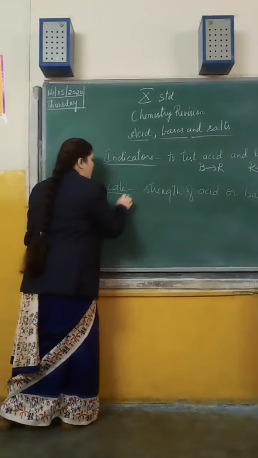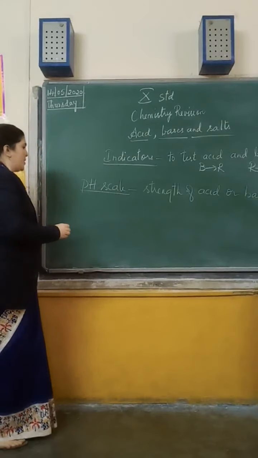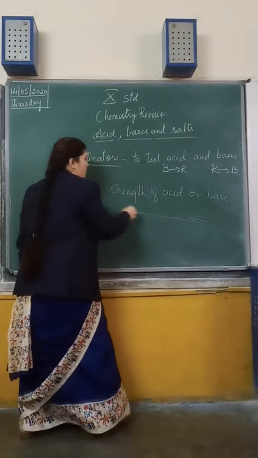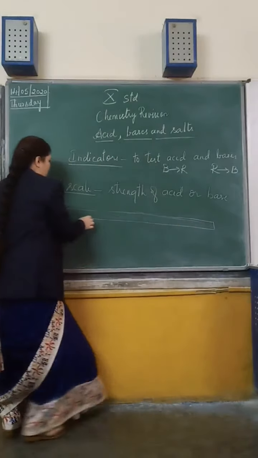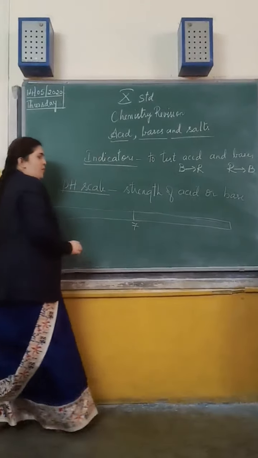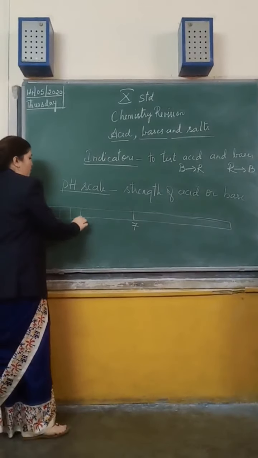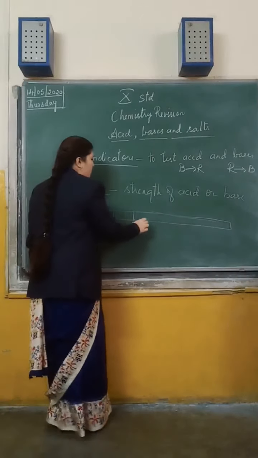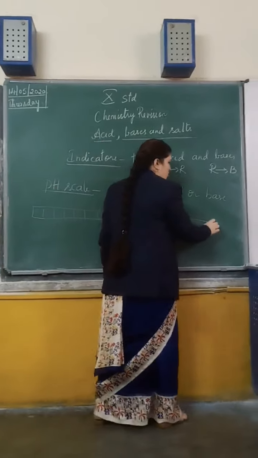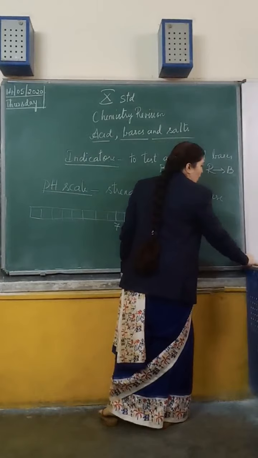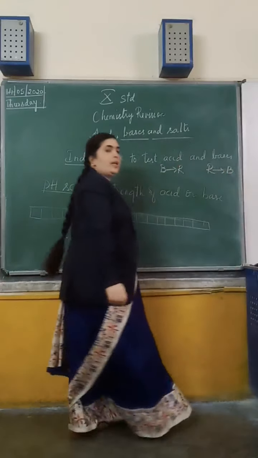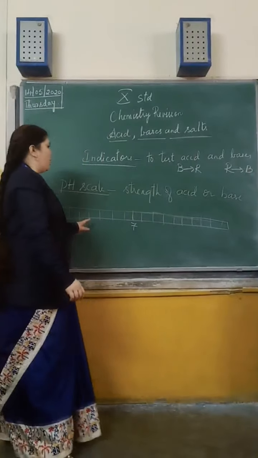The pH scale is generally a scale with some readings and with different shades of color. You can see it in your textbook, page number 26, about the pH scale.